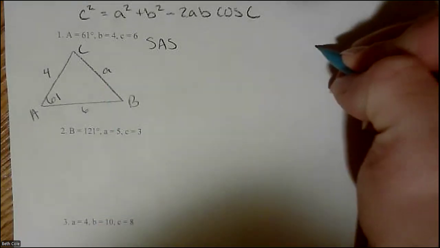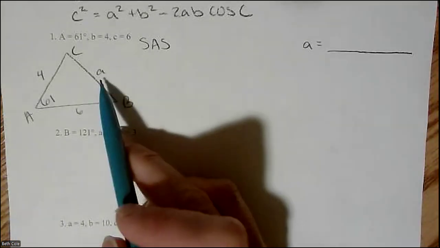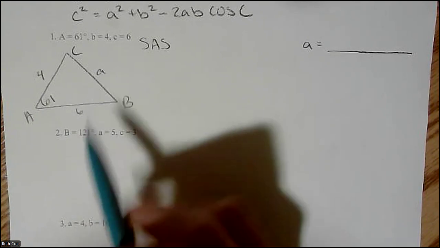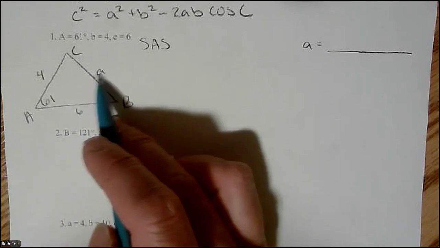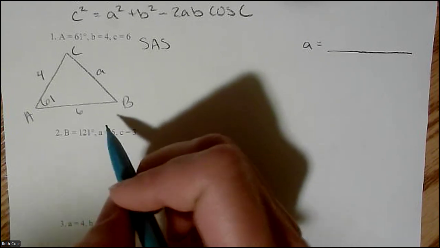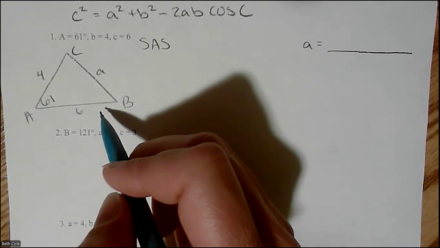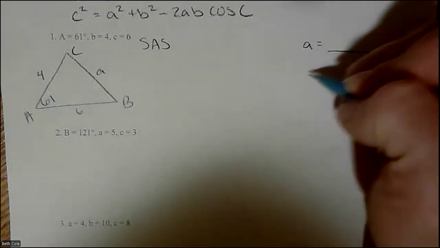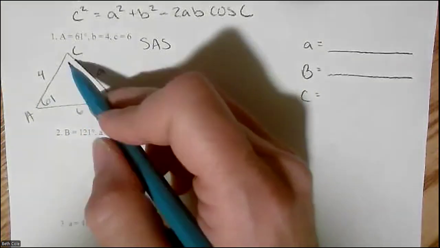We are missing side a, and I know usually we find all the angles first, but you have to find little a first in this case because it's across from the only angle that you've got. And then out of the other two, we're going to find them smallest to biggest. That is important here. So make sure you do smallest first. So that would be angle B, which is across from the 4, and then angle C, which is across from the 6.